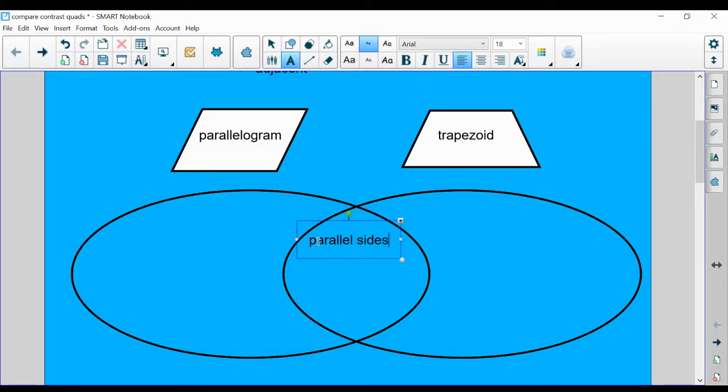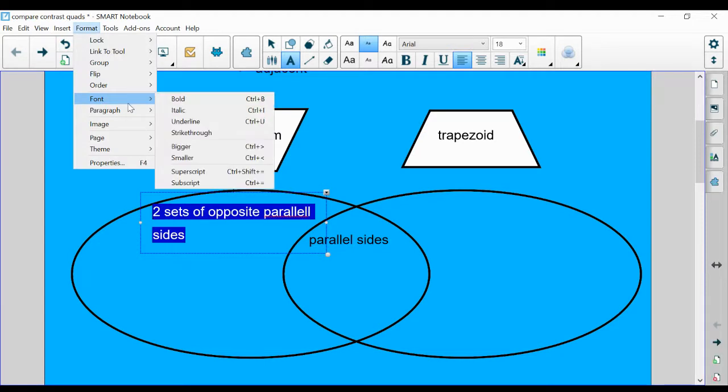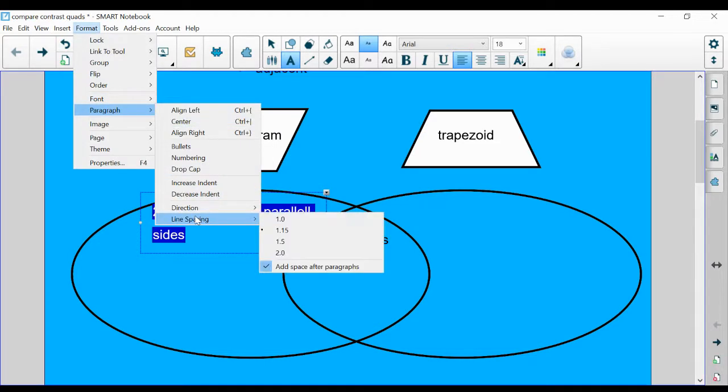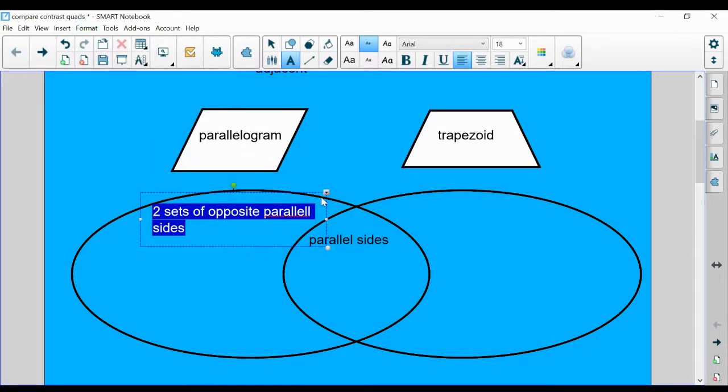The difference is the number. Parallelogram has two sets of opposite parallel sides. I don't like how that formatted, so I'm going to take the line space out of there.